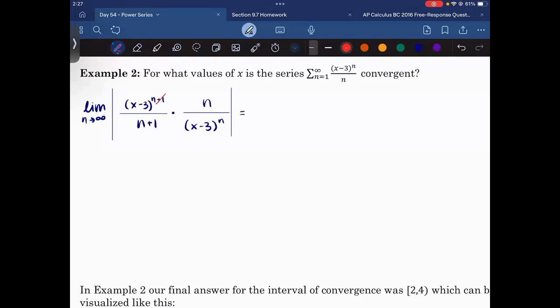Let me just write it up here so I can not skip any steps. We're going to cancel this and this, so we're going to have an x minus 3 left on top.